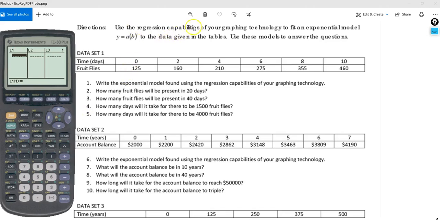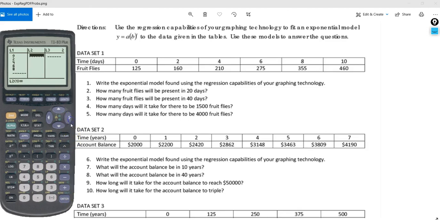And I'm going to scroll over to list 1, and you're told to use your graphing calculator to fit an exponential model. So it will be told in the problem that you have to use exponential regression. So my list 1 is going to be 0, 2, 4, 6, 8.